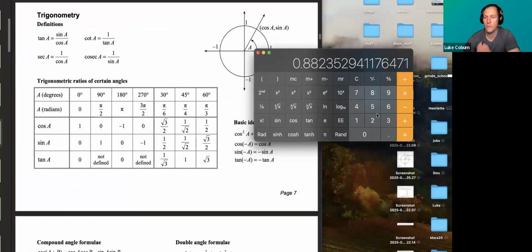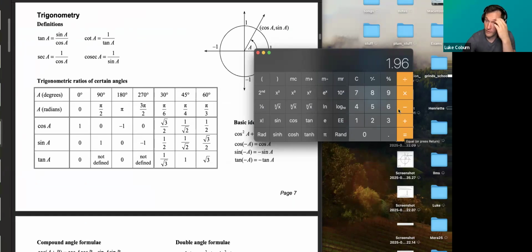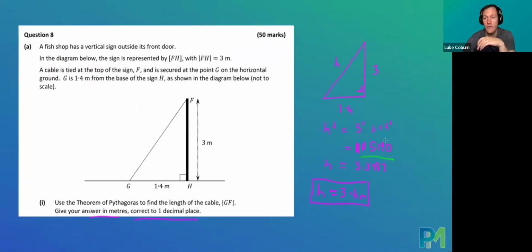So 3 squared is 9. And 1.4 squared is 1.96. Now we say 9 plus 1.96, we end up getting 10.96.